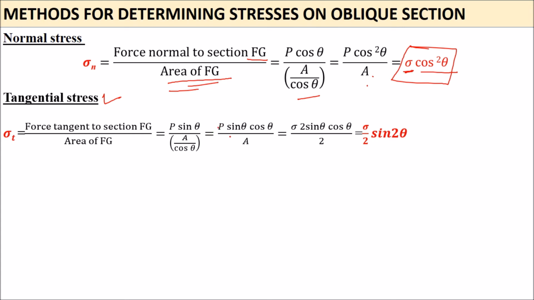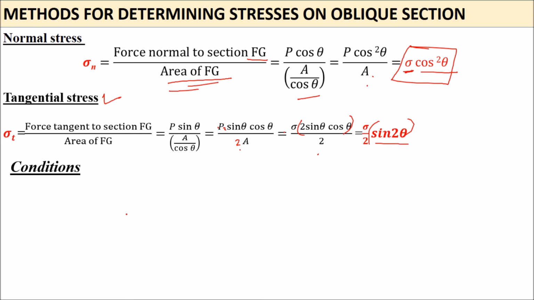From here P by A sin theta cos theta. We need to multiply 2 here and 2 here like that. So sigma by 2, and we know that 2 sin theta cos theta equal to sin 2 theta, this one. Okay. So we got sigma by 2 sin 2 theta for tangential stress.